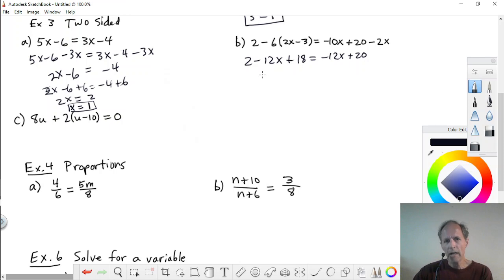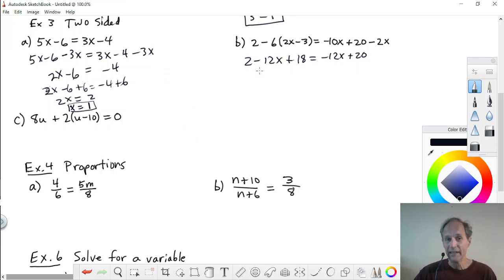Okay. Now we've got more to combine, right? Over on the left, whenever you see a lot of terms, go, okay, we only have 2 kinds of terms in these, right? We have constant terms, which don't have a variable, and we have the x terms, which have the variable x. So if you have 3 things on one side of the equation, there's only 2 kinds of things.